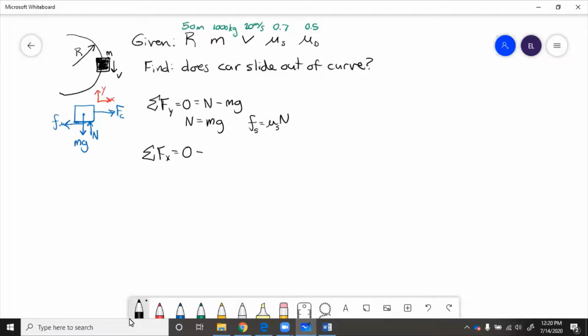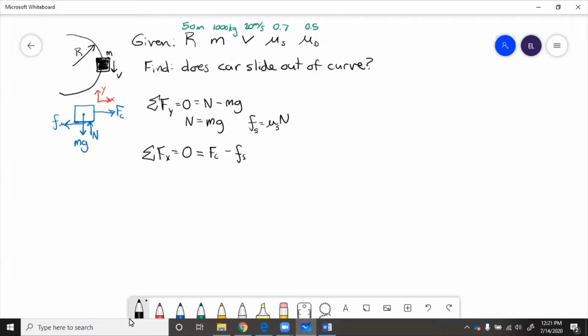And that equals centripetal force minus friction force. Well, we don't want it to move, but we have to see, is it going to move?